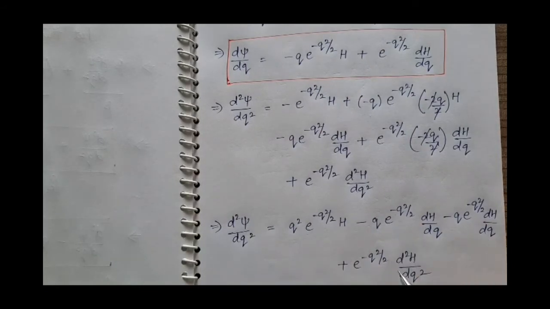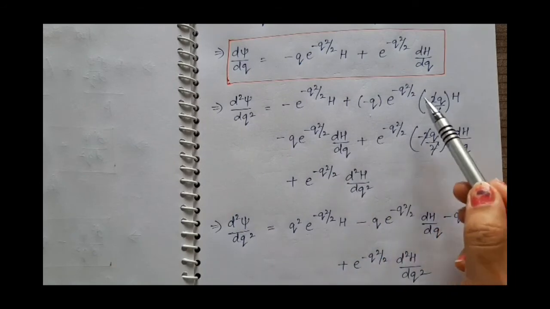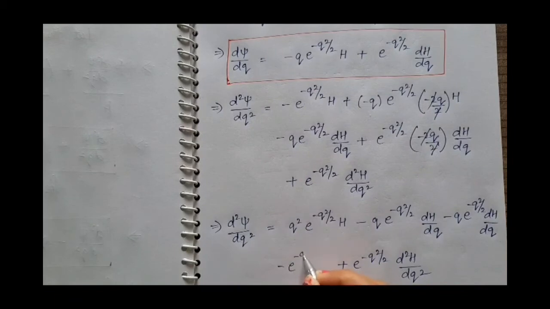So that is 4 terms, and we have a total of 5 terms. The one term left is this minus e raised to power minus q square by 2 h.